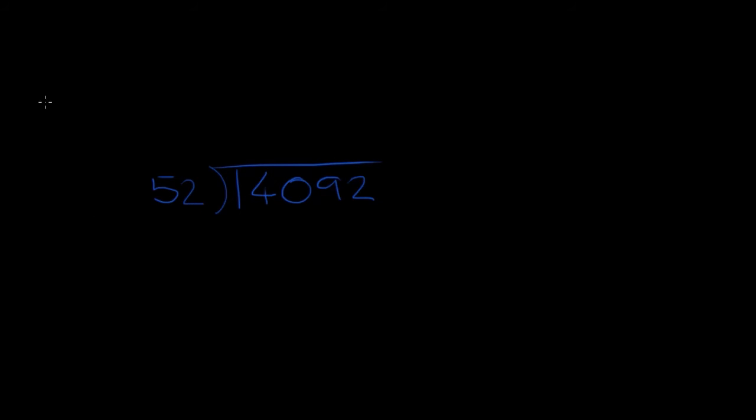So once again we will write out the times table for our divisor. Yes, sometimes these numbers get a little bit big, but don't think of it as your times tables. Think of it as repeated addition. So we'll start with 52, and then if we add 50, we get 102. Add 2, 104. Add 50, 154. Add 2, 156.